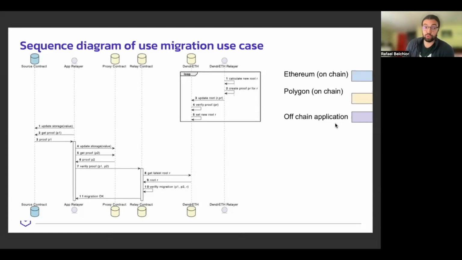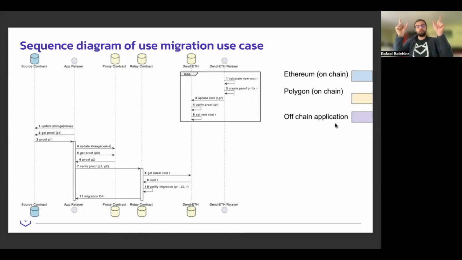First, the user updates the source contract. You update a storage variable like A or B, and you get a Merkle proof for that update. Then the user, or an application on behalf of the user, does the same update on the target chain and gets a proof of that update.